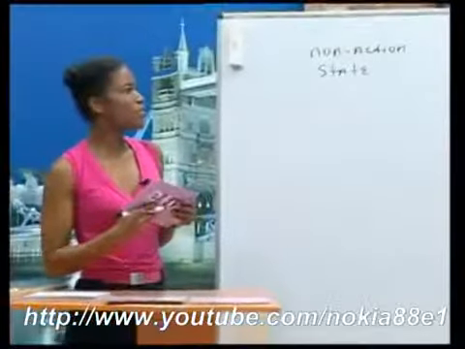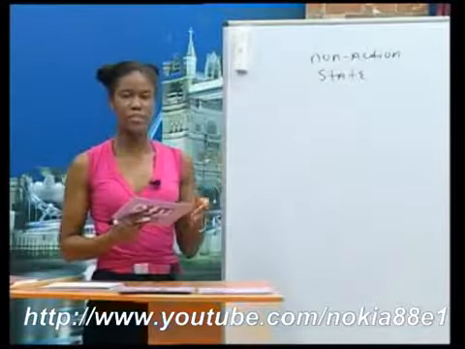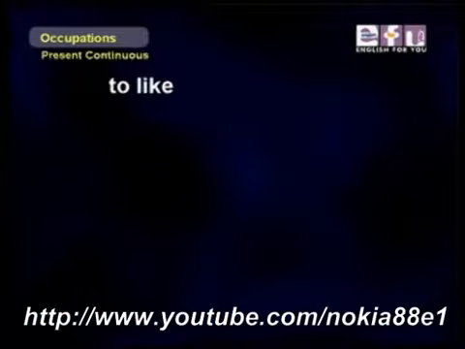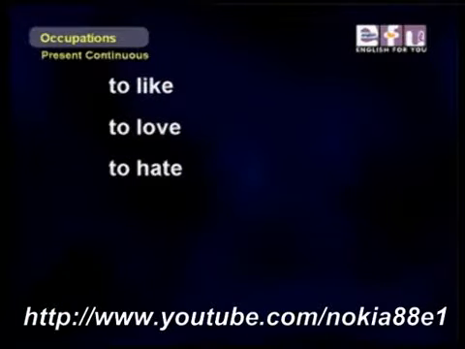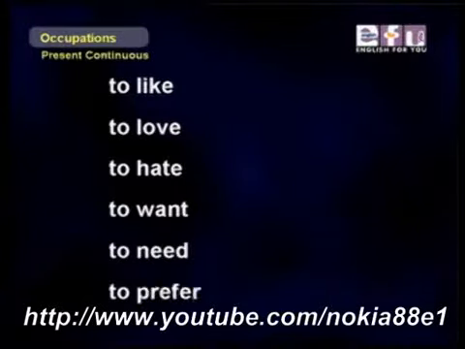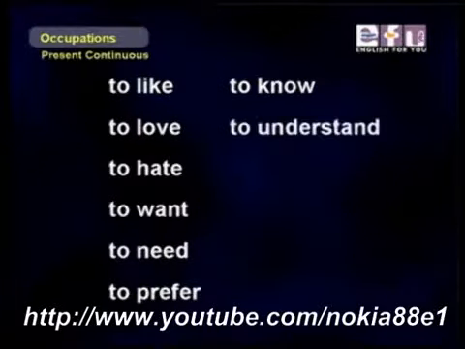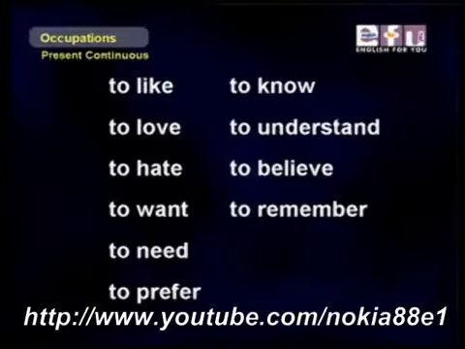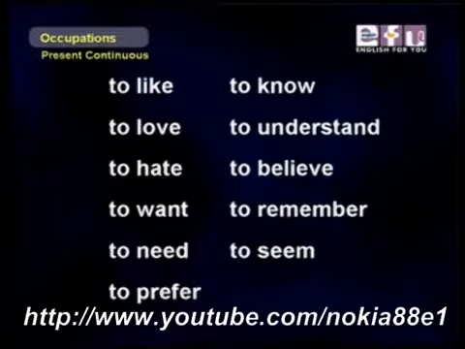The verbs we don't normally use in the present continuous are to like, to love, to hate, to want, to need, to prefer, to know, to understand, to believe, to remember, and to seem.